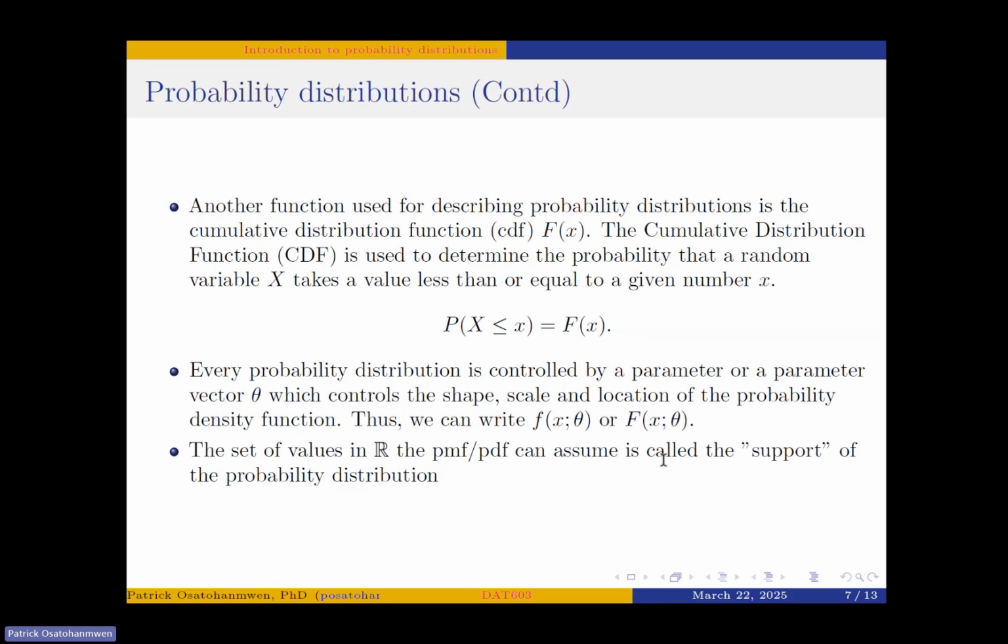Now, the cumulative distribution function is used to determine the probability that a random variable x takes a value less than or equal to a given number. This is different from the one we considered before.